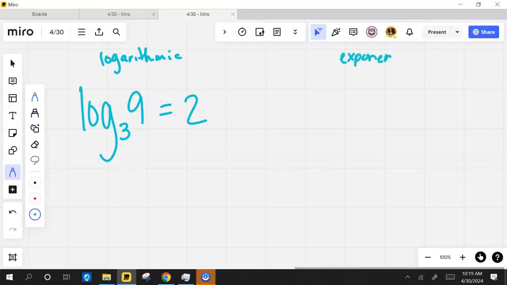And to do that, I'm going to start with the base. What's the base? 3. Remember I told you in the beginning, logs are what? Exponents. So what the log equals is always the exponent. So 3 with an exponent of 2 must equal, and then you put the 9 that's left here. So that's exponential form.